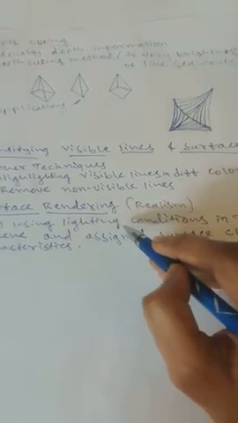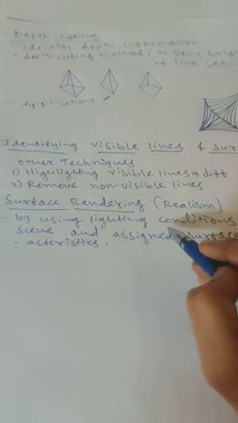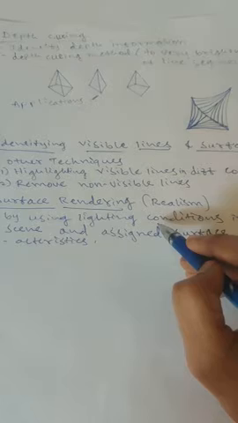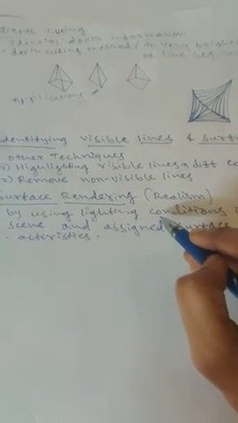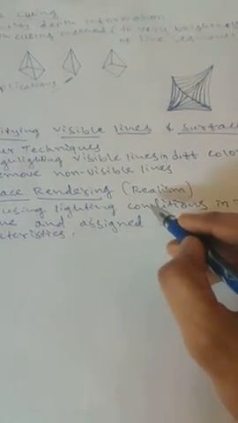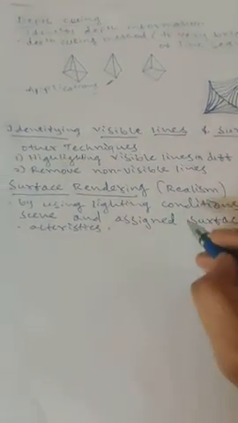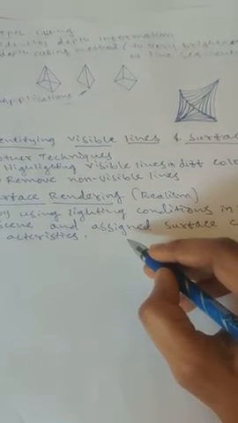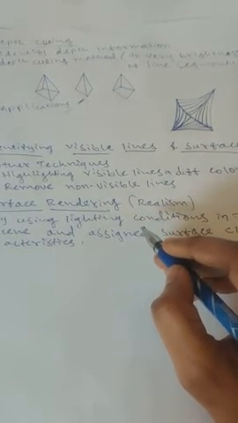We can easily set the lighting conditions by specifying the color and location of the light source, and we can also set background illumination effects. The second method is surface properties. Surface properties of an object include whether the surface is transparent or opaque, and whether the surface is smooth or rough. So we can set the lighting conditions and the surface properties.